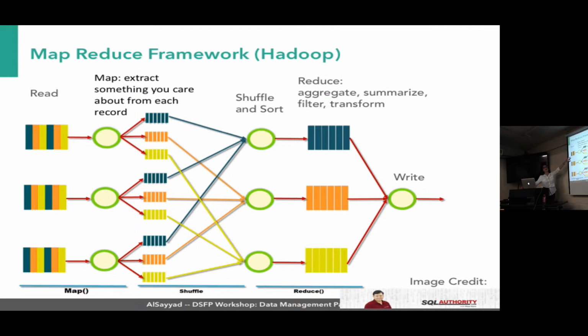Each node is assigned some data, which is read in by the node. And then you apply a function. You map a function to each chunk of data. This function is just to extract something you care about from each record.